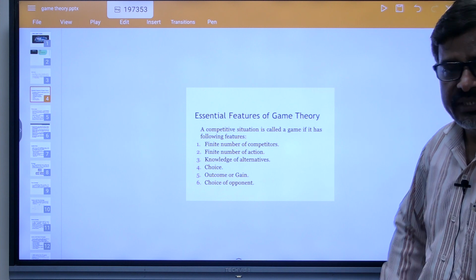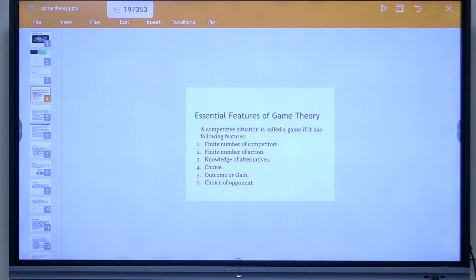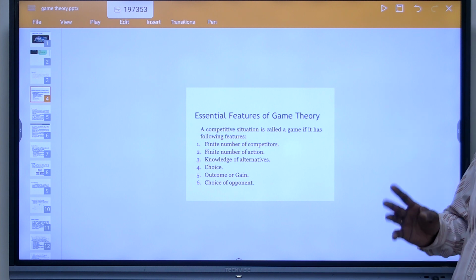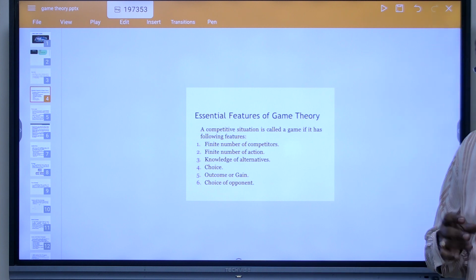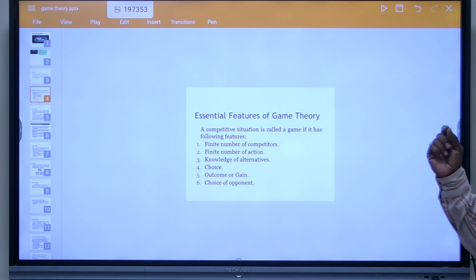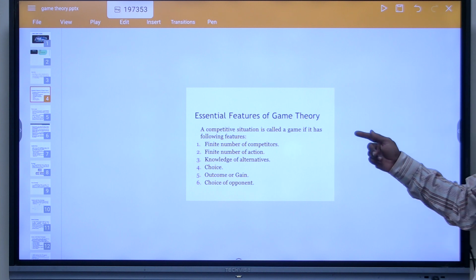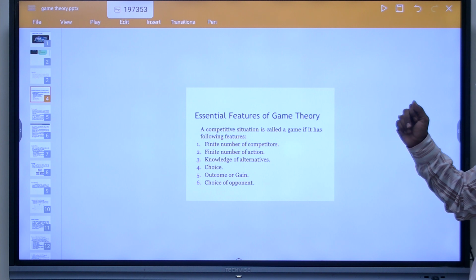The essential features of game theory: a competitive situation is called a game if it has the following features. First, we have a finite number of competitors. We are not dealing with multiple competitors in game theory. We have only a finite number, at least 2. That is the minimum number of competitors required for playing a game.